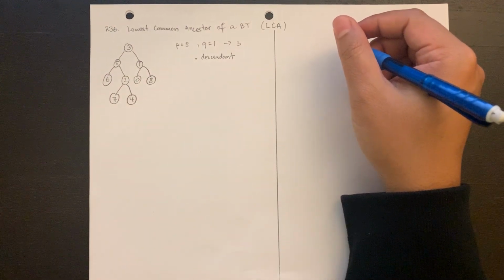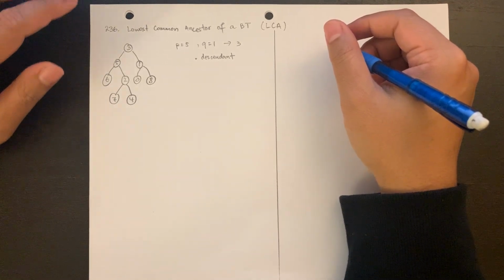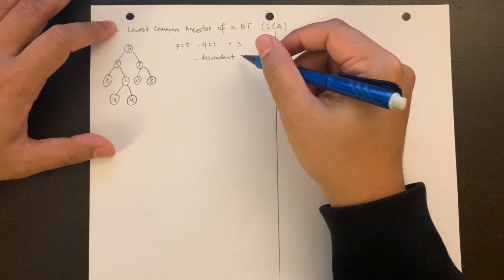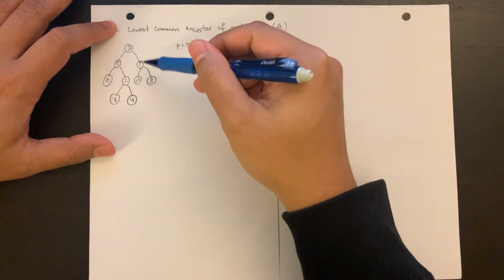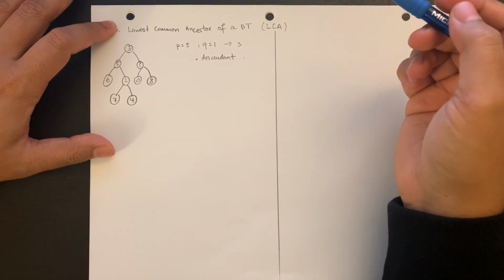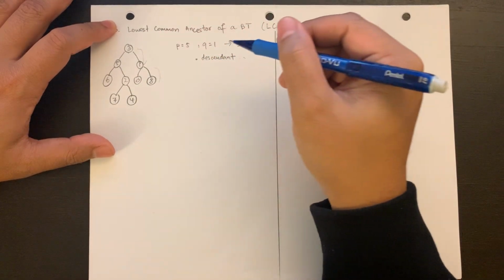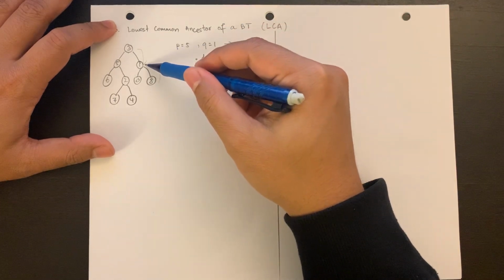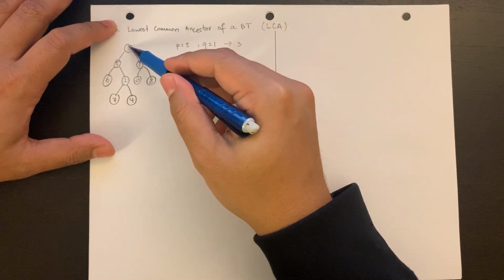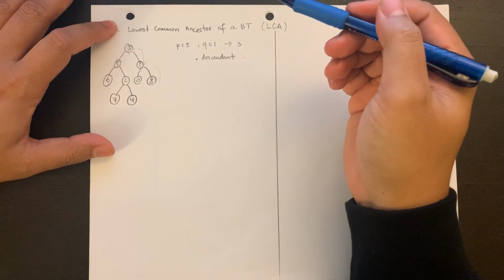I read in a book, Elements of Programming, that a descendant is basically a child or a grandchild. 1 is a descendant of 3, 5 is a descendant of 3, 6 is also a descendant of 3, and 2 is also a descendant of 3.